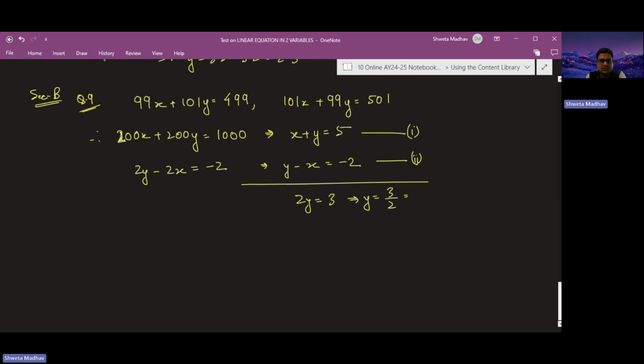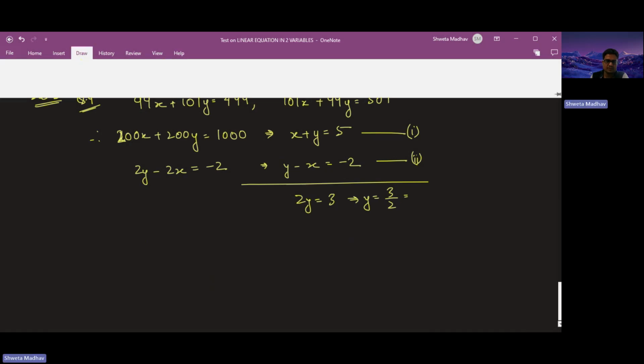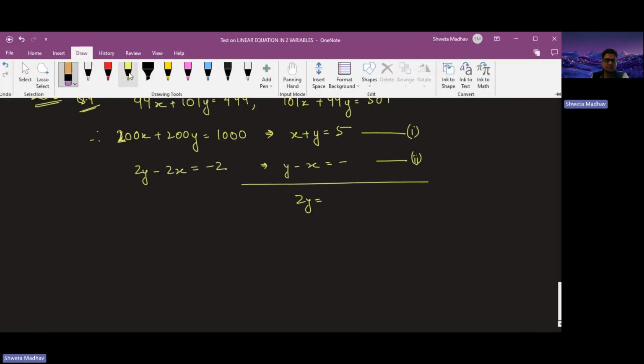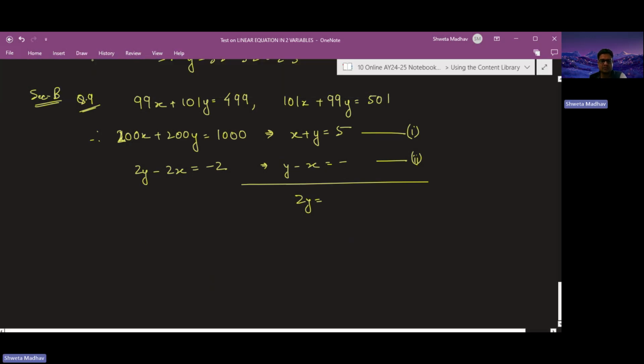So 2y minus 2x is minus 2, so y minus x is minus 1.